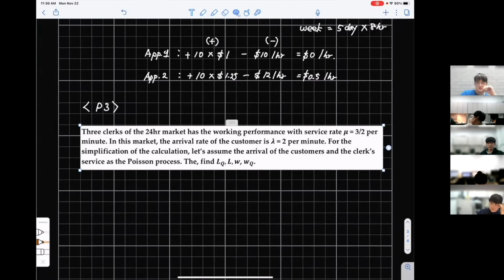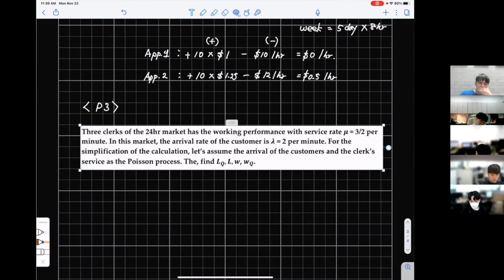In this market, the arrival rate of customers is 2 persons per minute. For the simplification of the calculation, let's assume the arrival of customers and the clock service are Poisson processes. The problem is to find the cycle time and the length of the waiting queue and the entire system.